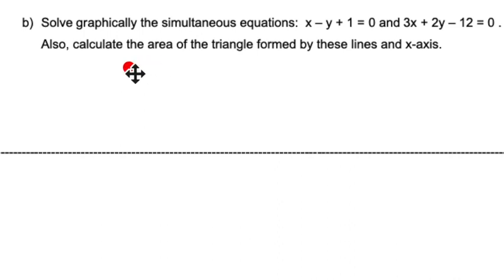So in our last question, we have question 11b asking us to find graphically the simultaneous equations x minus y plus 1 equal to 0 and this one 3x plus 2y minus 12 equal to 0, and then calculate the area of the triangle formed between these lines and the x-axis. So to begin with, we are going to make the table where we are going to derive the values of this.